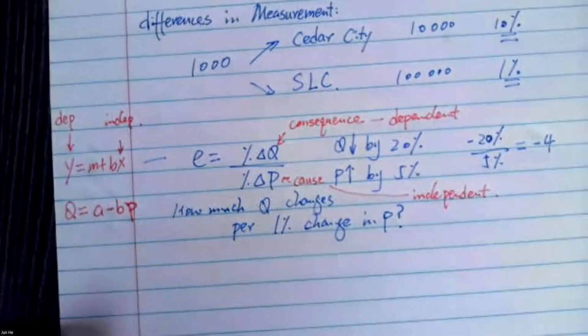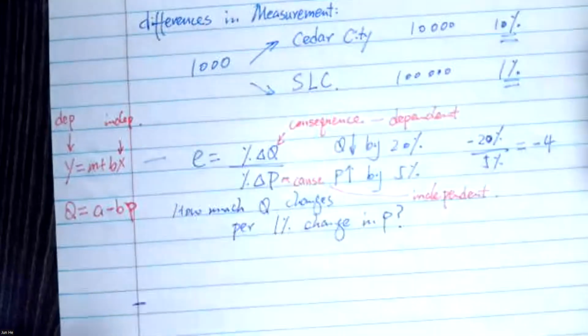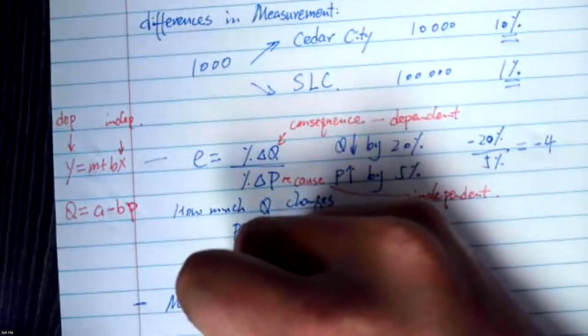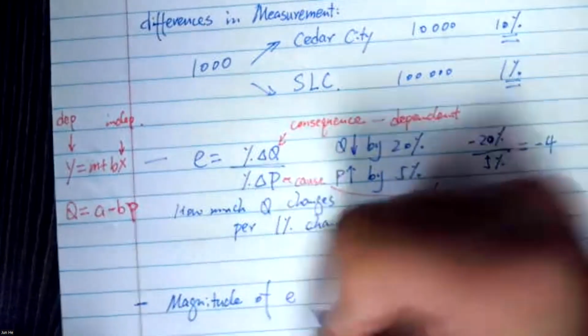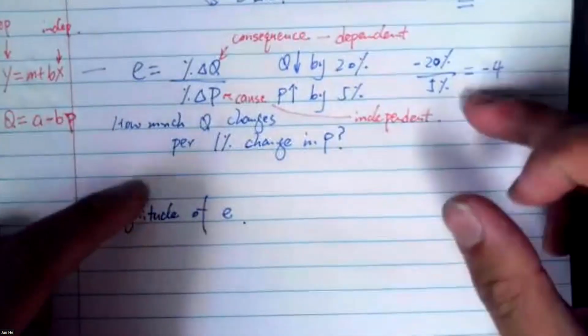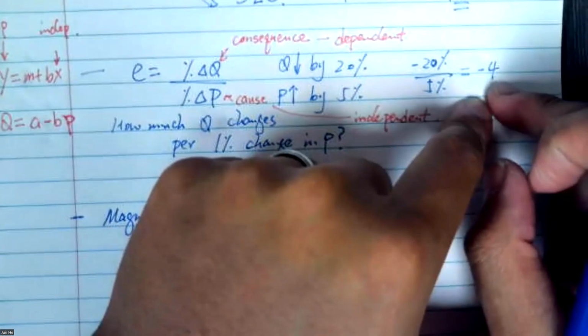All right, so the last question, the third question to follow, is the magnitude of elasticity. When you report the elasticity, like in this case, you should report the elasticity as -4.